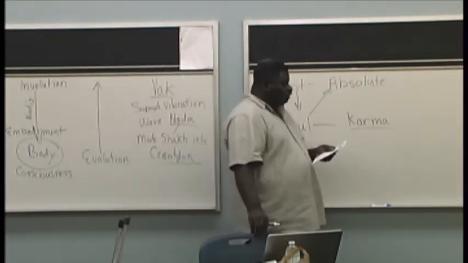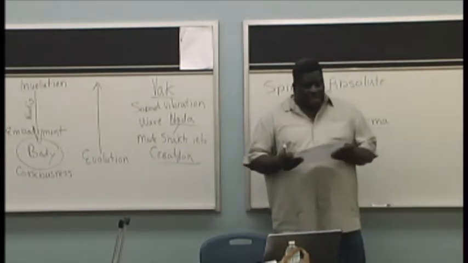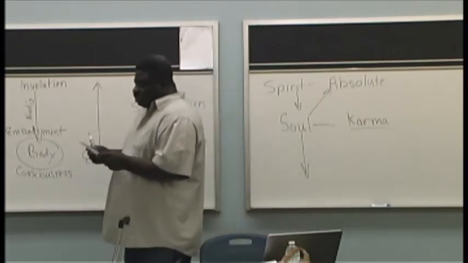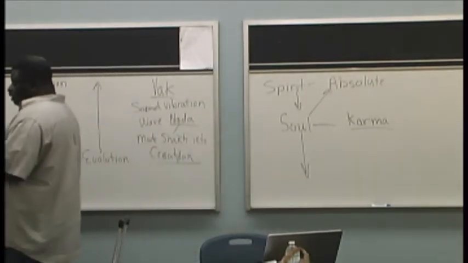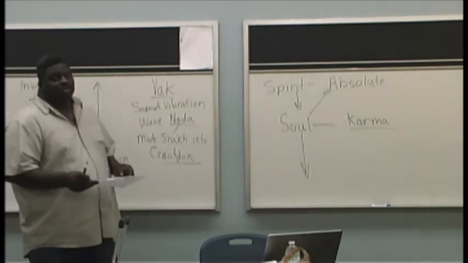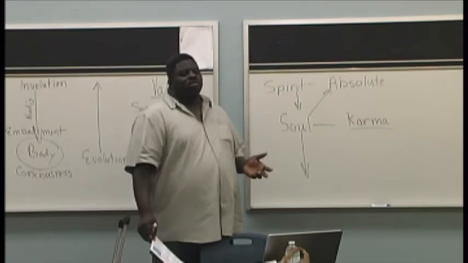Now, so it goes to the next stage. This stage, it has a non-discrimination of the real and unreal, self and non-self. See? Because why? It's connected to the all. It's aware of the all.